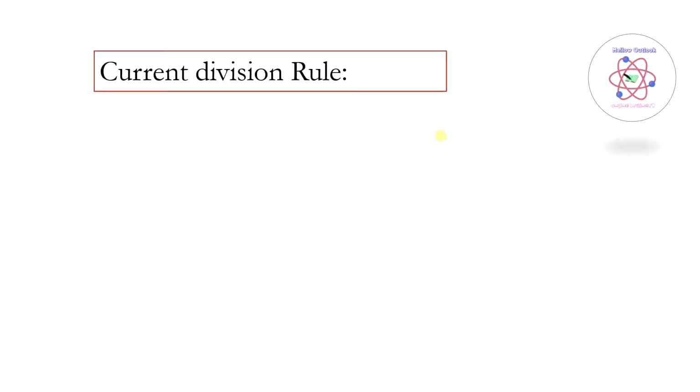Let me explain the current division rule with respect to a two branch circuit. Let me consider a circuit with a current source, which I am going to name IS in this case, and I have two branches wherein the component resistance R1 and resistance R2 is connected.